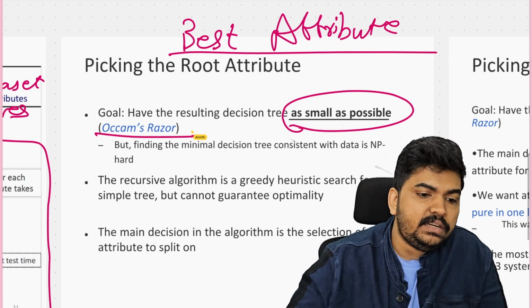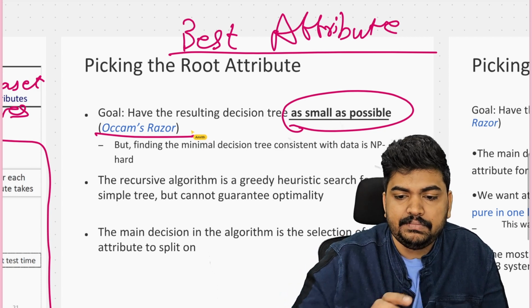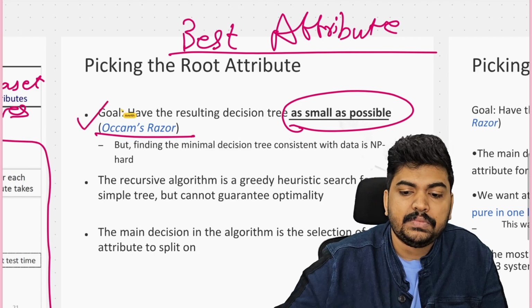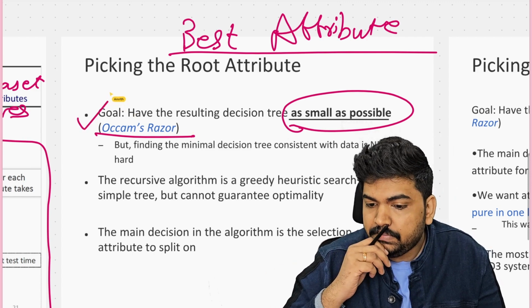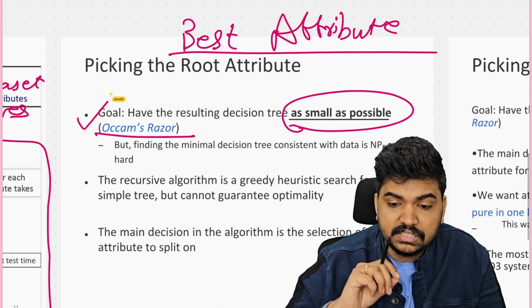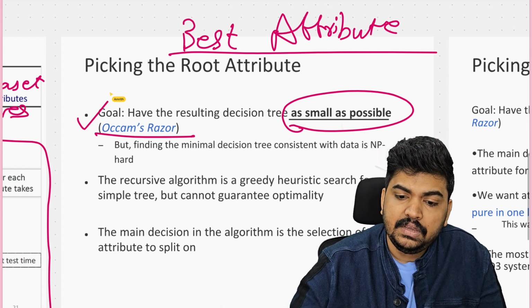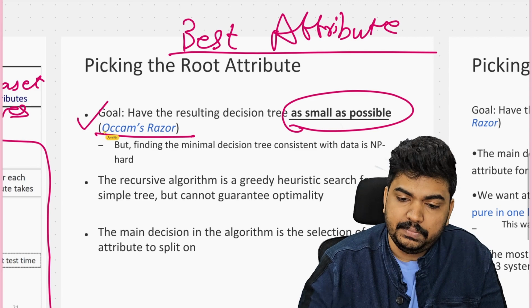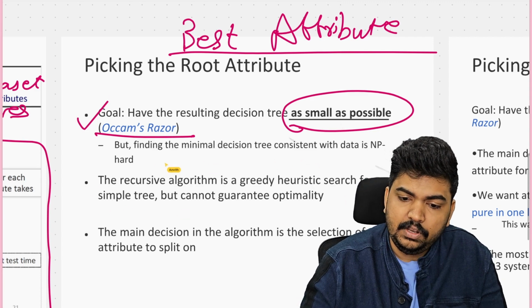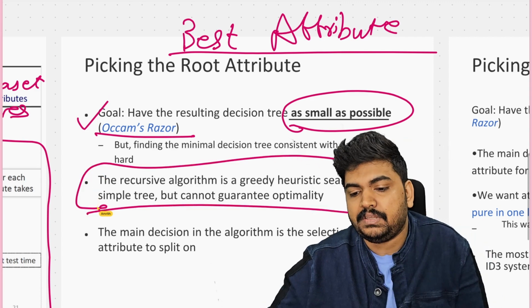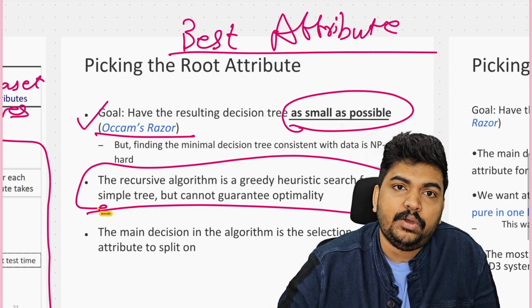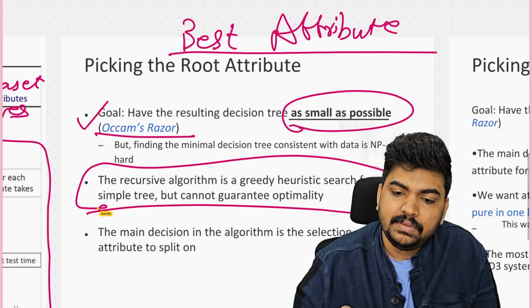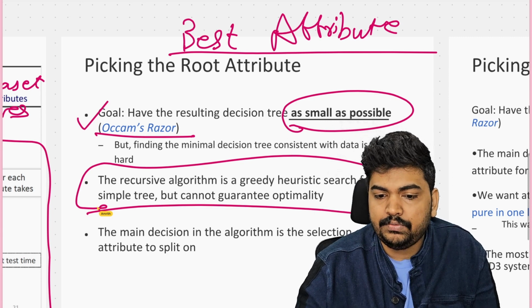The second thing is the greedy aspect, so that's with the first one. This algorithm is a recursive algorithm. It is a greedy heuristic search for a simple tree, but cannot guarantee optimality. Why do we settle for a greedy heuristic which does not guarantee optimality? We have said that we are going for Occam's razor.